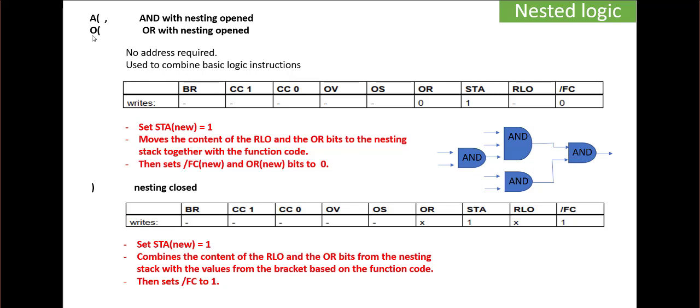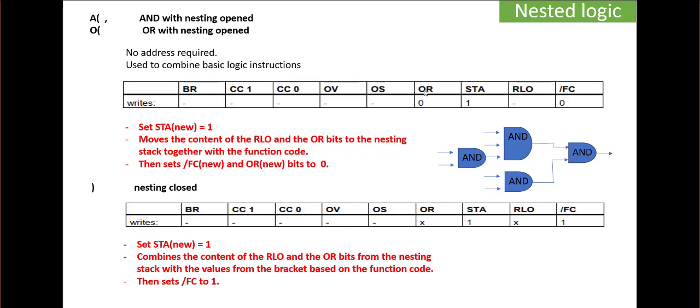If we were dealing with an OR operation, when it comes, it will first find that the first check bit before it was 0. So it needs the result inside the brackets to be equal to the total result, and for that it will have to push 0 into the RLO and 0 to the OR bit.